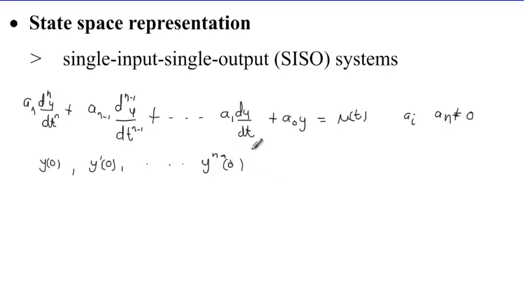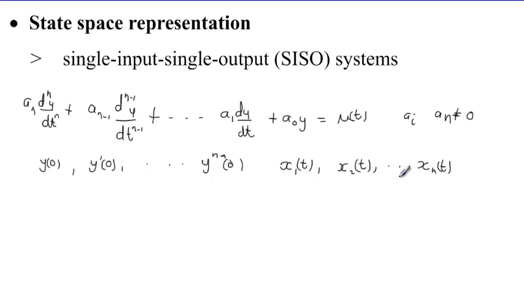These conditions will be known, and to represent this differential equation in a state space representation, we introduce new variables, which we can call x1(t), x2(t), up to xn(t).